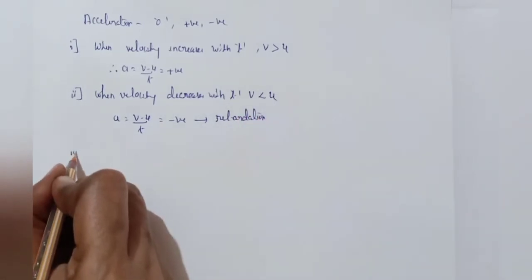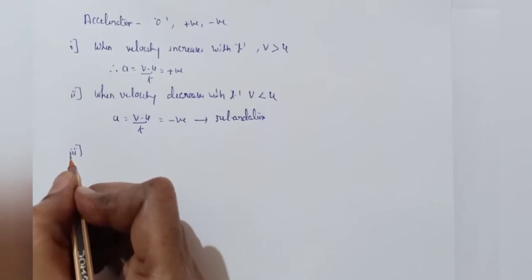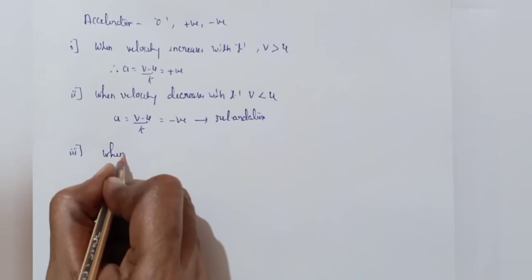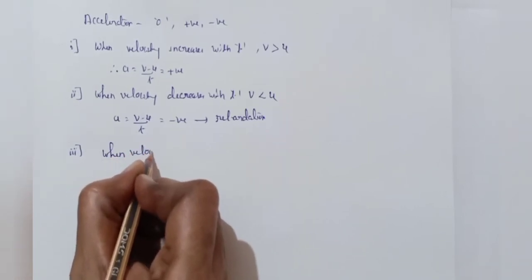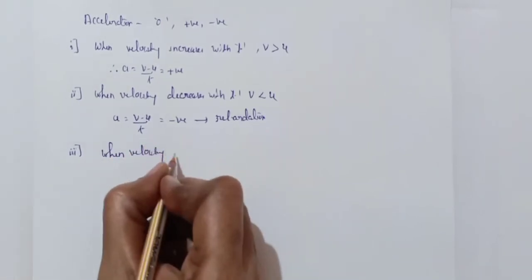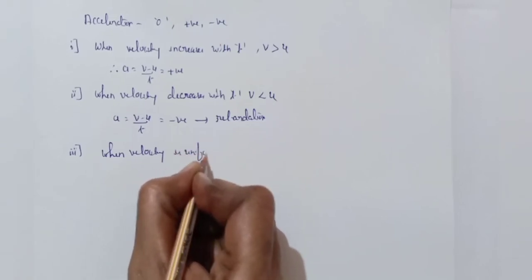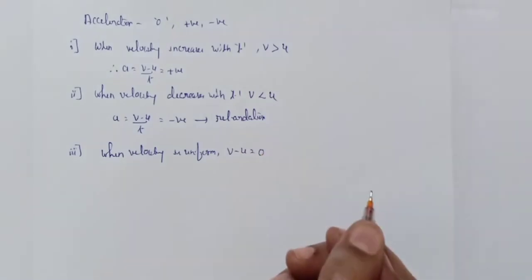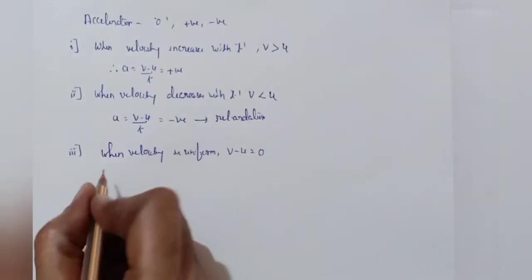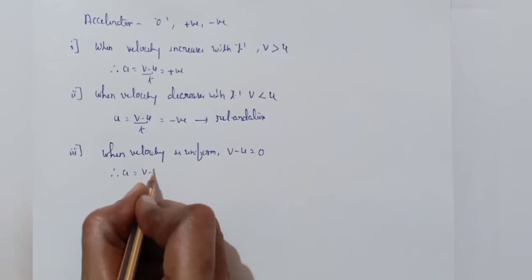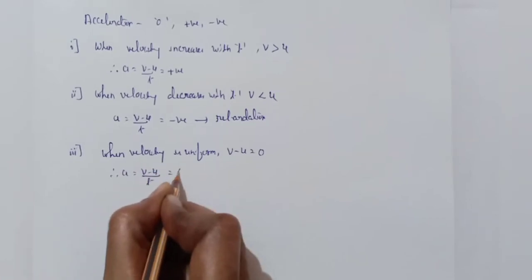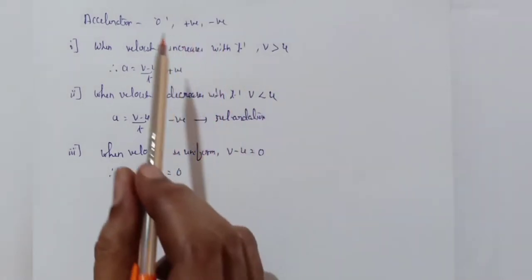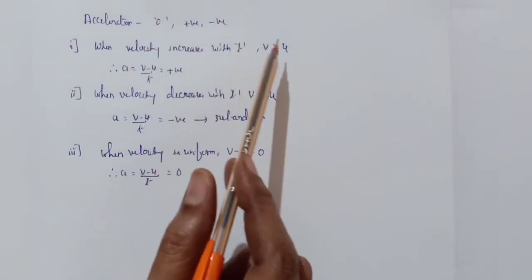And when the velocity of the object is not changing, it means when the velocity is constant or uniform, then the change in velocity is 0. When the change in velocity is 0, then the acceleration is also 0. So the value of the acceleration may be 0, positive or negative.